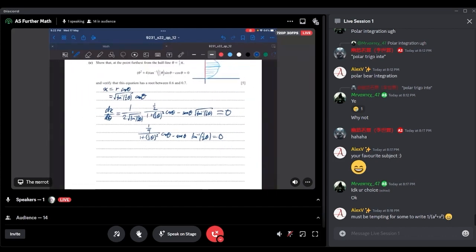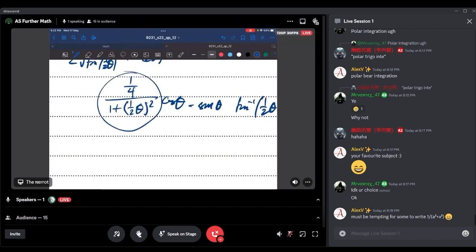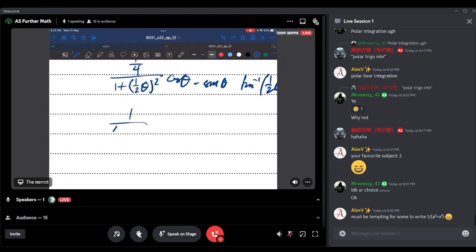Now that's done. I think we can simplify this part again here. If you notice, I can multiply both numerator and denominator by 4. And so we get 1/4 plus theta square. That's what Alex was talking about before.